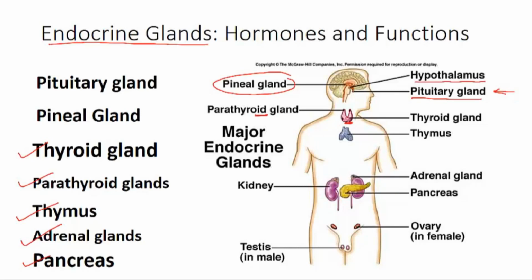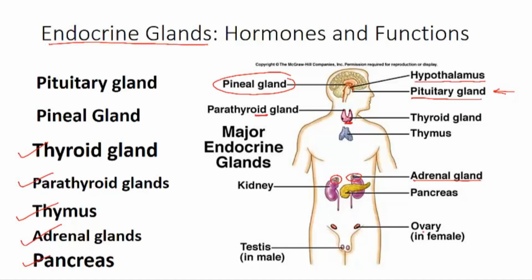The adrenal glands are present on the top of the kidney, attached to the structure of the kidney. The pancreas is present at almost the same level as the kidney, and in the front it is linked with the stomach and the duodenum of our intestine.